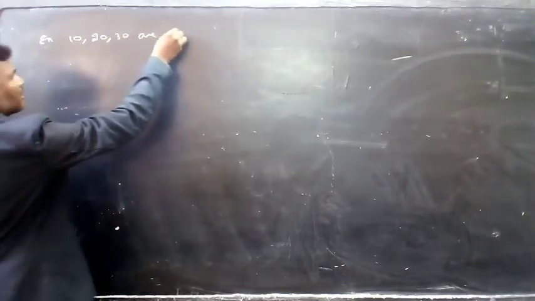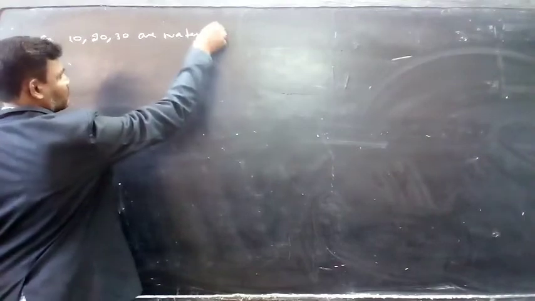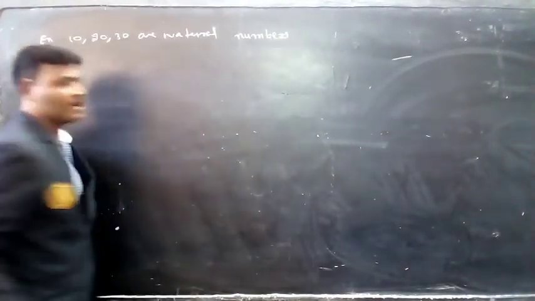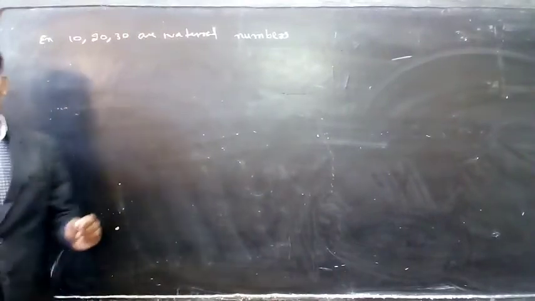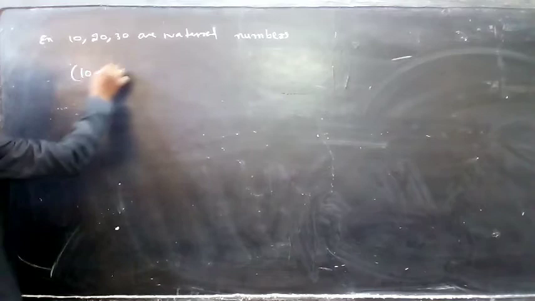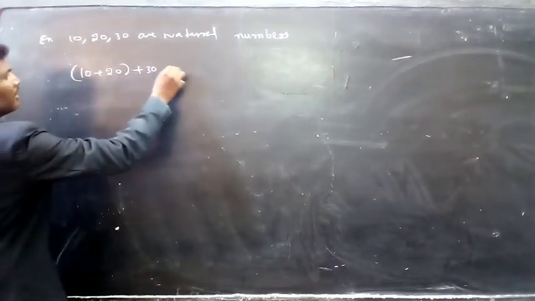So next example, I am taking 10, 20, 30 as natural numbers. Then (10 plus 20) plus 30 is equal to.